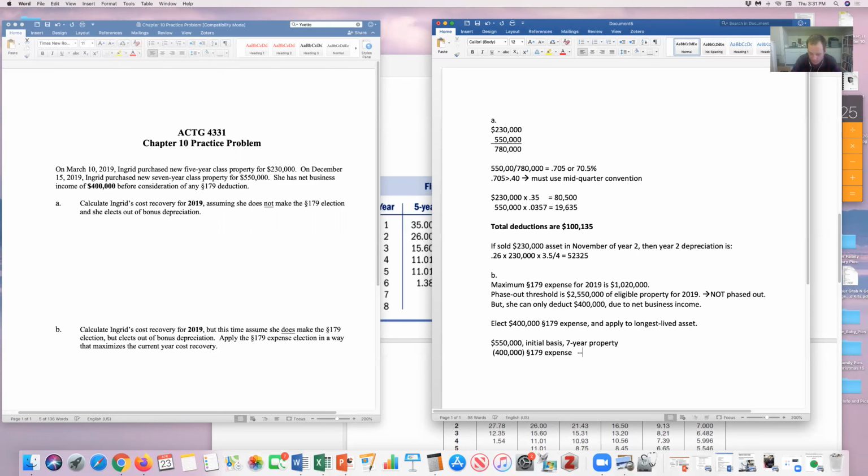You probably saw in the slides, I like to do this arrow over to the right to keep track of the things that I'm actually getting to deduct. So that means she has $150,000 of remaining basis for MACRS.